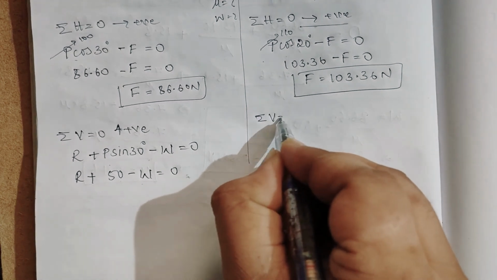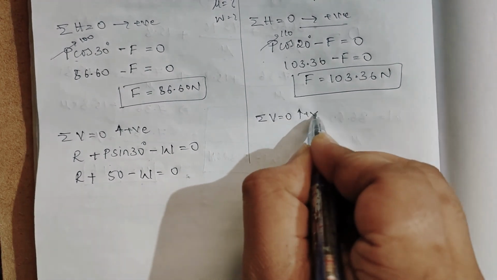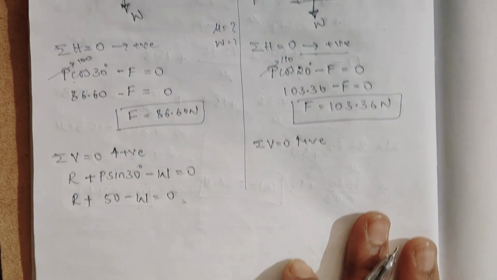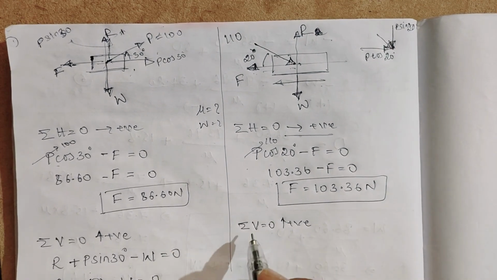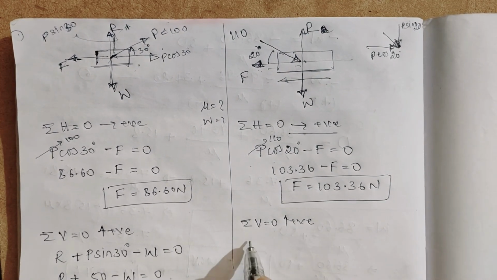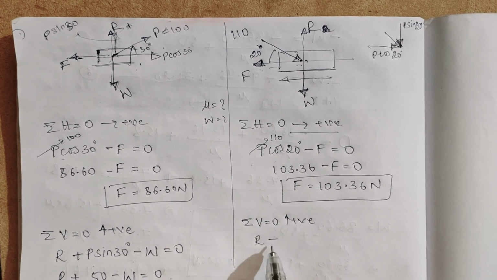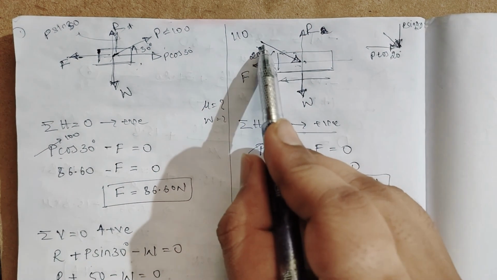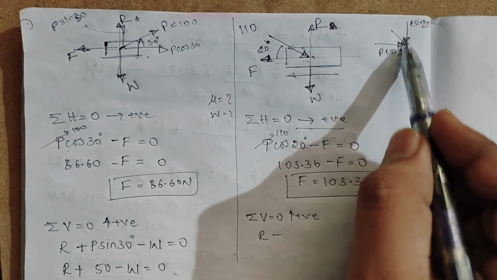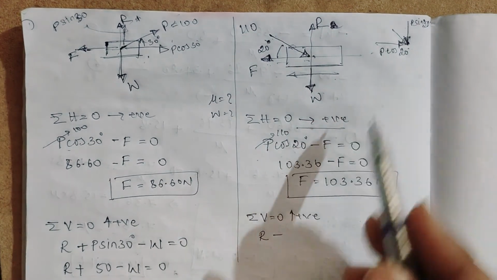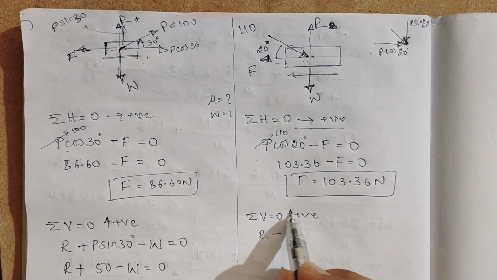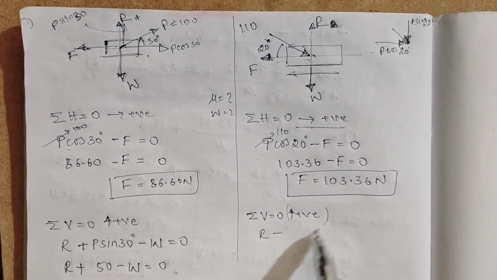Summation of V is equal to 0, taking upward as positive. Now see here, this same R will be positive. Then this is going downwards, right? So downward what we take? Negative, because upward is always positive.